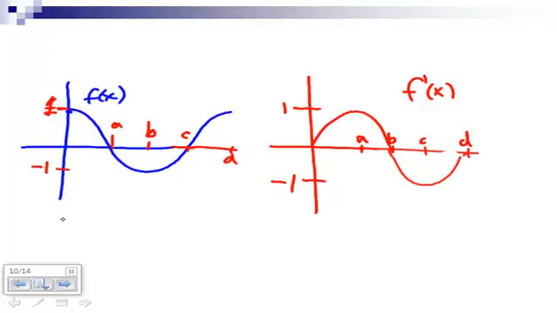Okay. So your problem isn't this point right here, is it? You agree that at 0, the slope is 0. Okay.